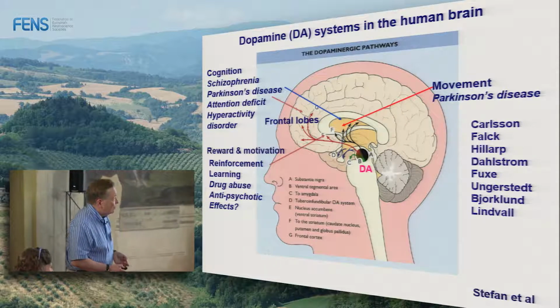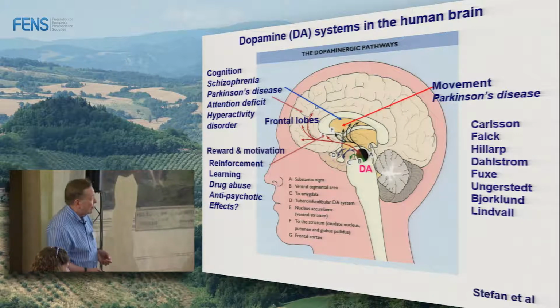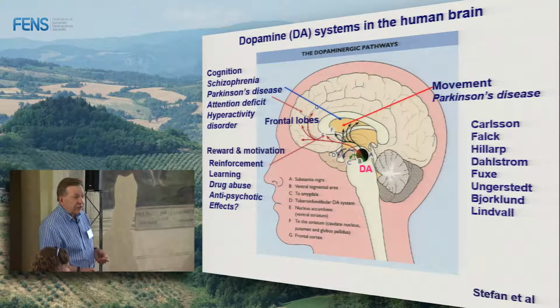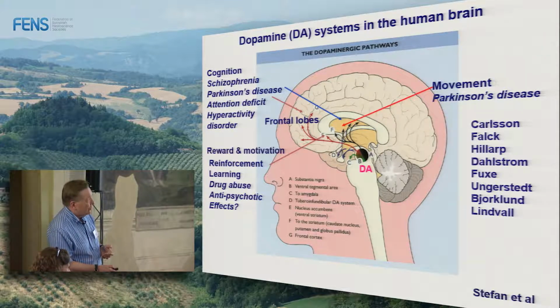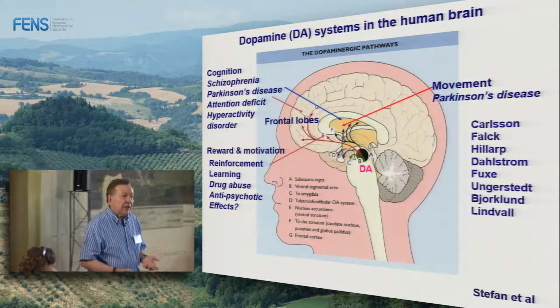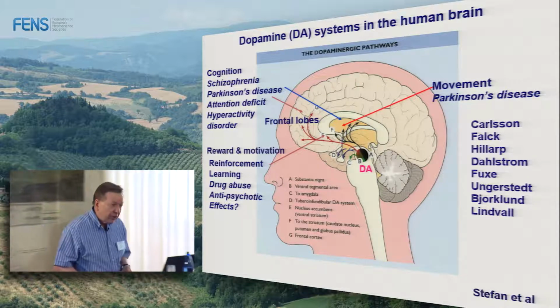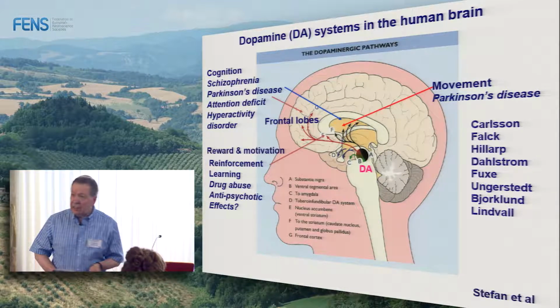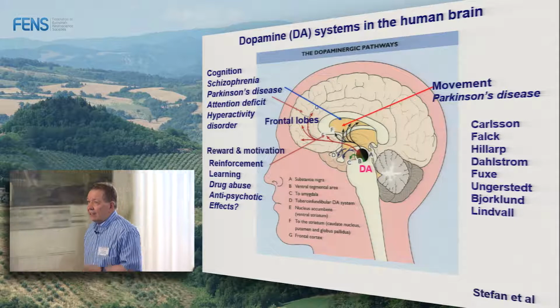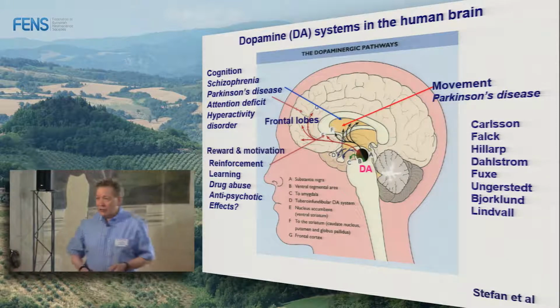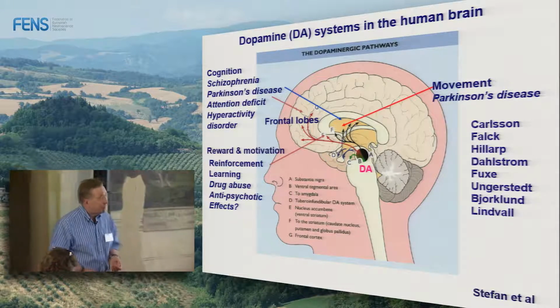Then we have the reward system, which I know you're all dying to hear about, drug abuse, and antipsychotic drug effects possibly, is where they work, because Parkinson's movement disorders are in the dorsal striatum largely, and you'll hear a lot about that. In fact, a lot of you are interested in this area, as I understand from your abstracts. So again, James will give you a masterclass on Parkinson's disease, I'm sure.